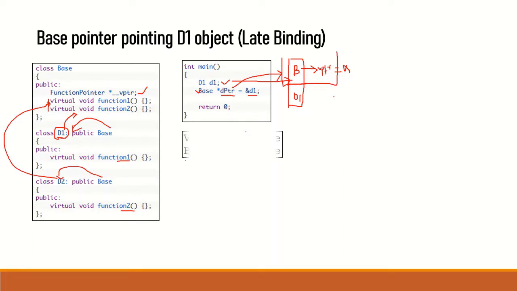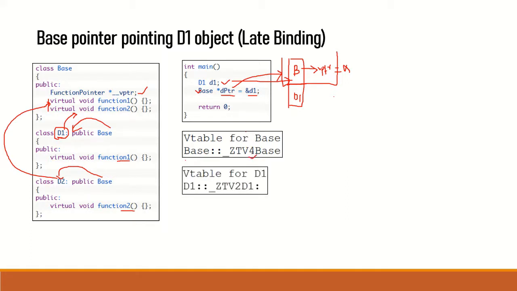Next, see further. Here is the address of the base class virtual table, here is the address of the D1 class virtual table, and here is the address of the D2 class virtual table.